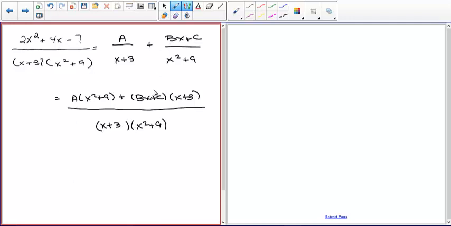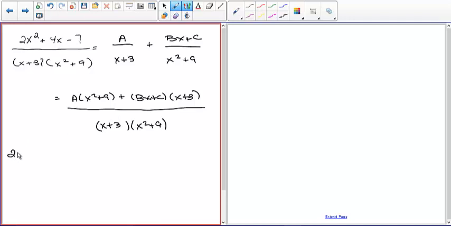So by combining the two fractions, I end up with the expression on the left-hand side having the same denominator as the expression on the right-hand side. So to make these two rational expressions equal, I have to make sure that the numerators are equal to each other.